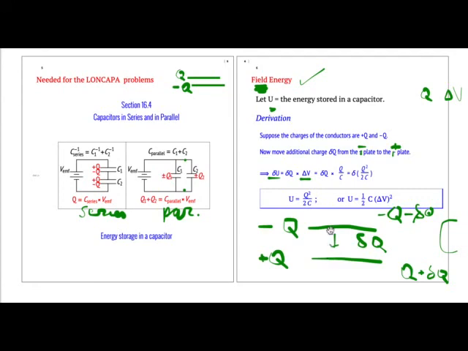In other words, delta V. This plate has potential V1. This plate has potential V2. V1 is larger than V2 because it's the positive plate. So I've moved an amount of charge to the higher potential plate. The amount of energy is the charge times the change in potential.